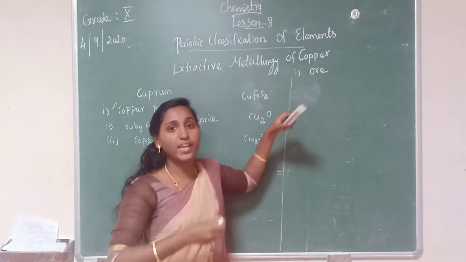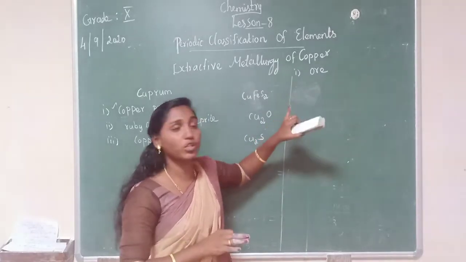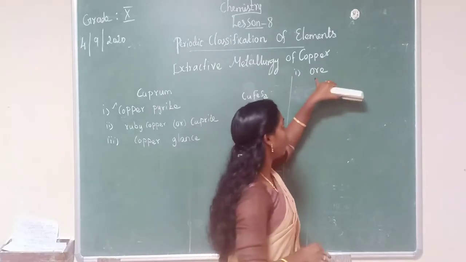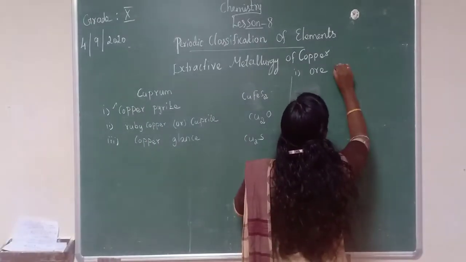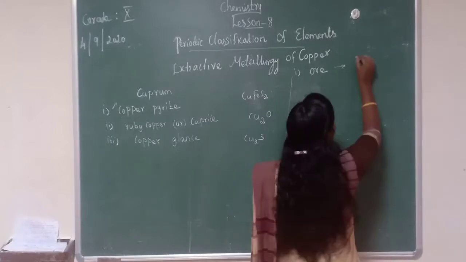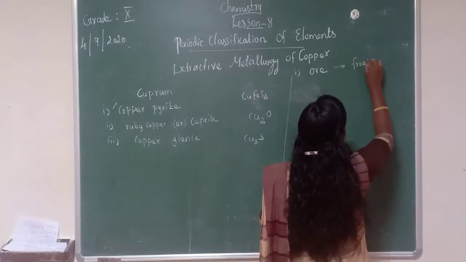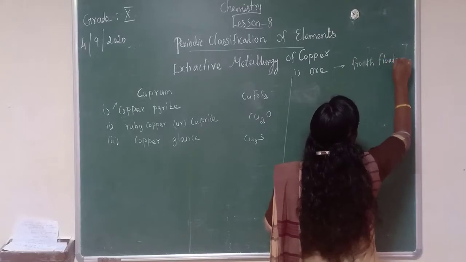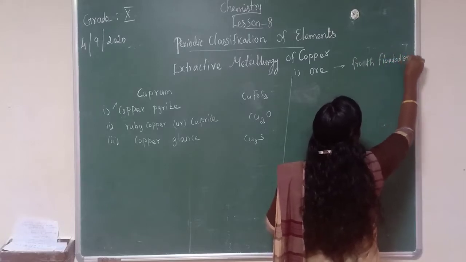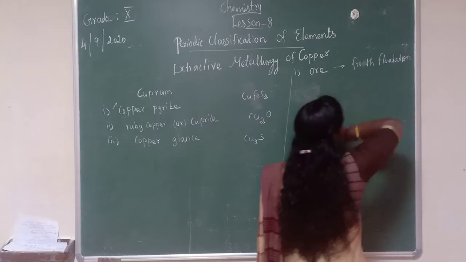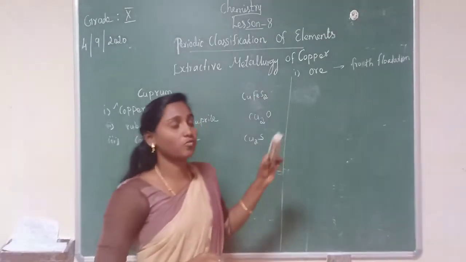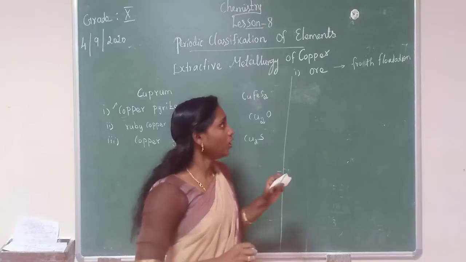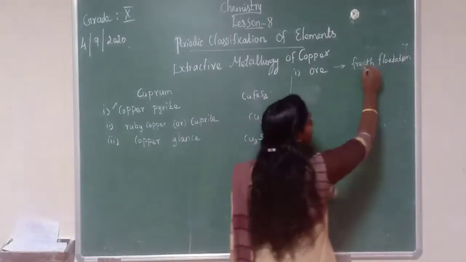Crush means we make it into powdered form. The ore was crushed and it was separated by the froth flotation method. The ore was crushed and separated by which method? Froth flotation method.